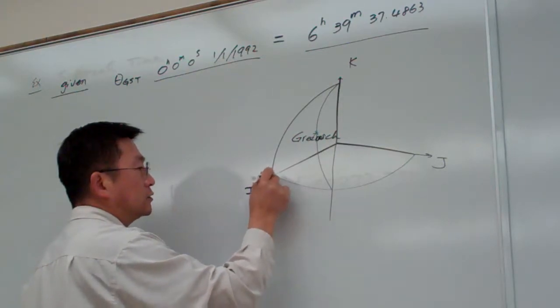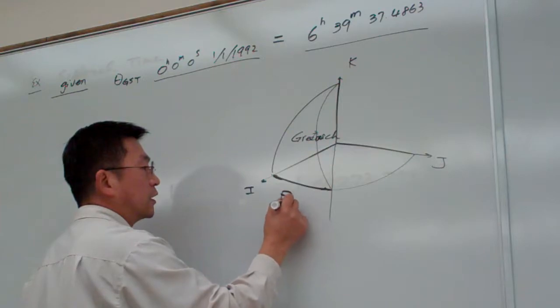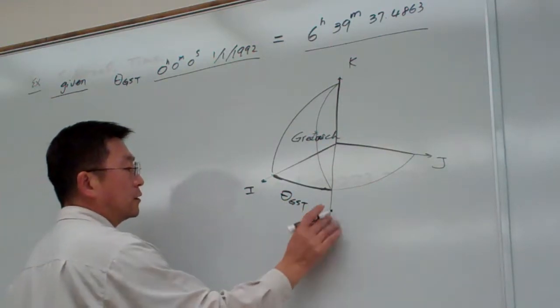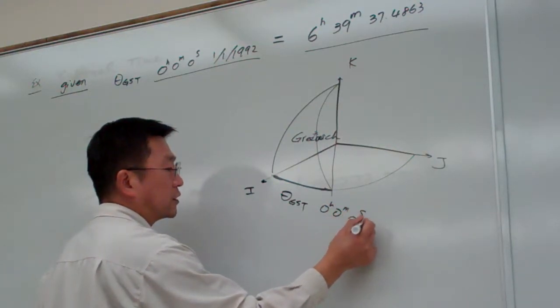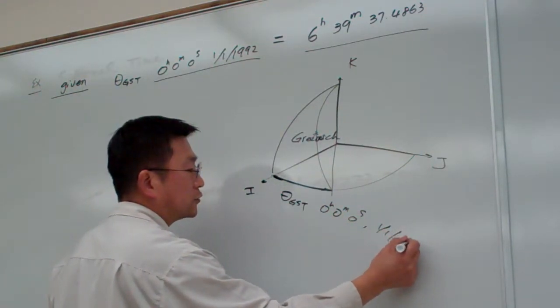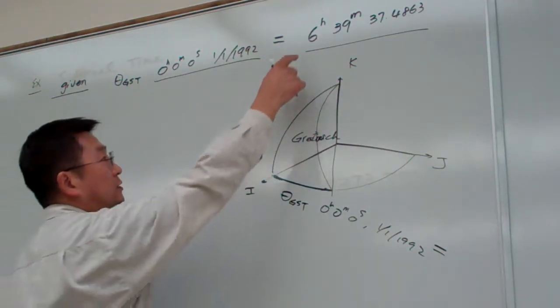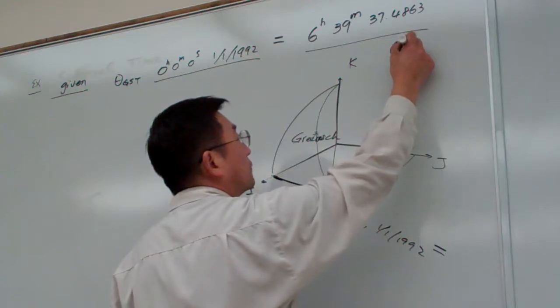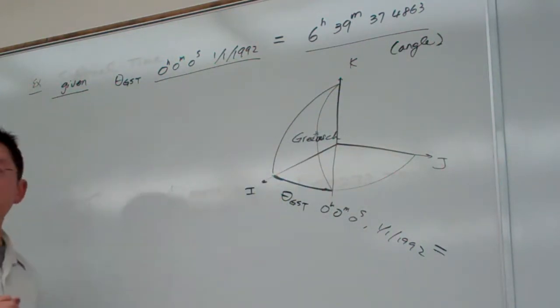At this moment, we have the angle theta GST, at 0 hours, 0 minutes, and 0 seconds on 1/1/1992, and that can be converted into this angle. So this is the angle indicated by this one.